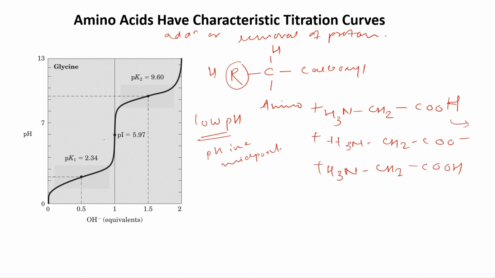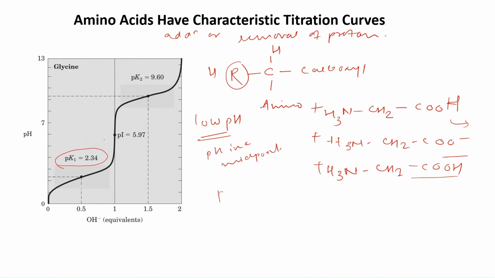Why? Because the pH is increasing. So one by one the molecules of glycine will start losing protons from the carboxyl terminal. At this particular midpoint, 50% of molecules have donated protons and 50% of the molecules are about to donate protons. Correct? This midpoint is this pKa in the graph, which is 2.34 for glycine.